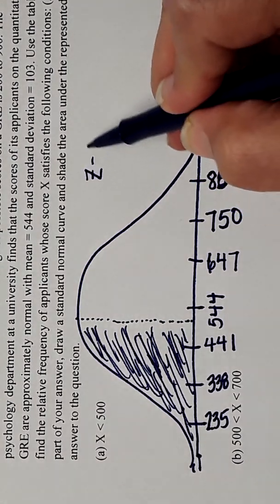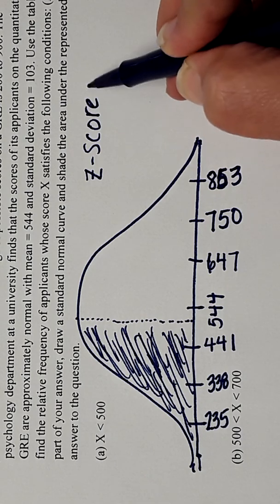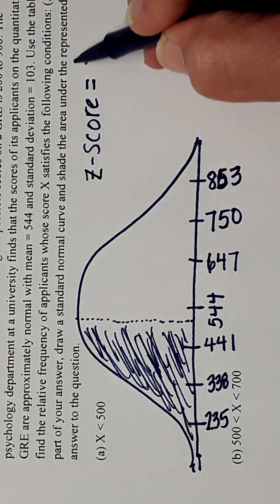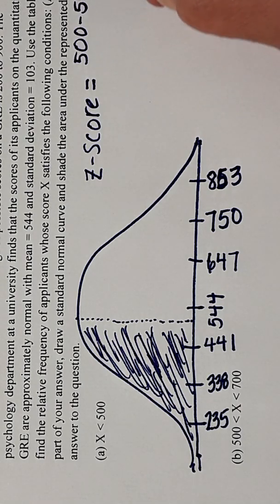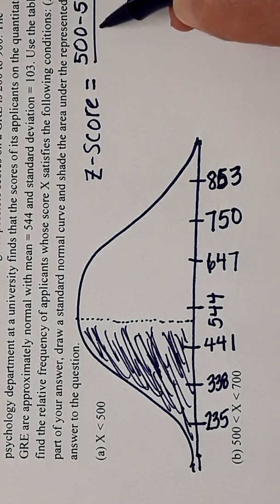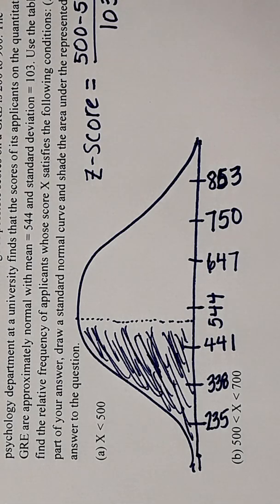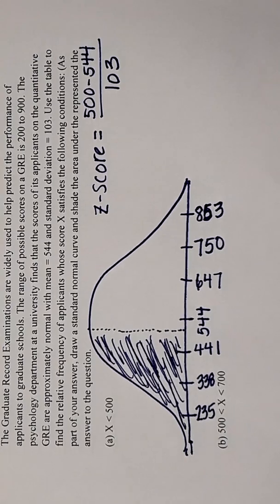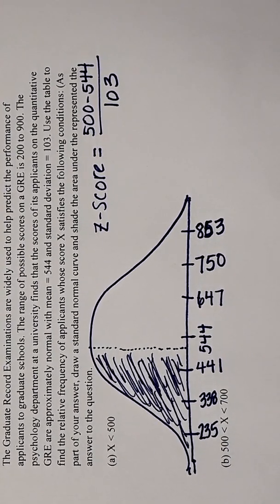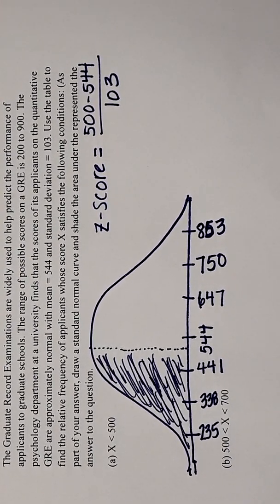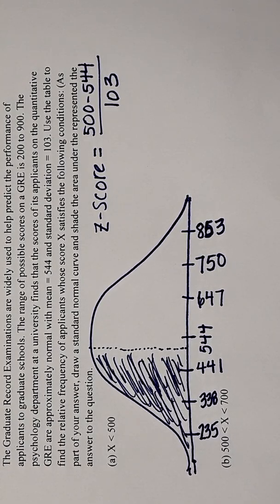So z-score equals 500 minus 544 divided by 103. When you get your z-score, should your z-score be positive or negative? Why should it be negative? Because it's below the mean. Okay?